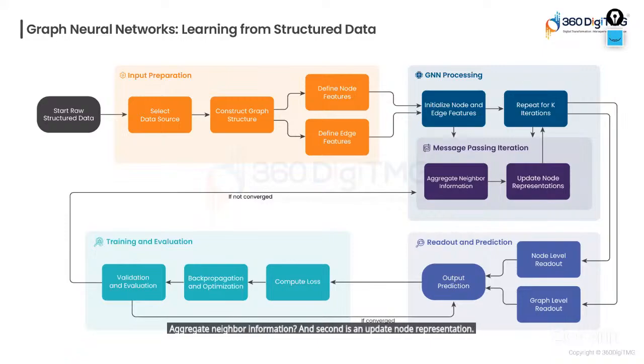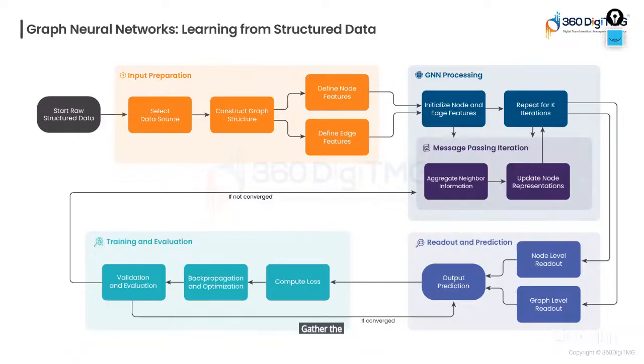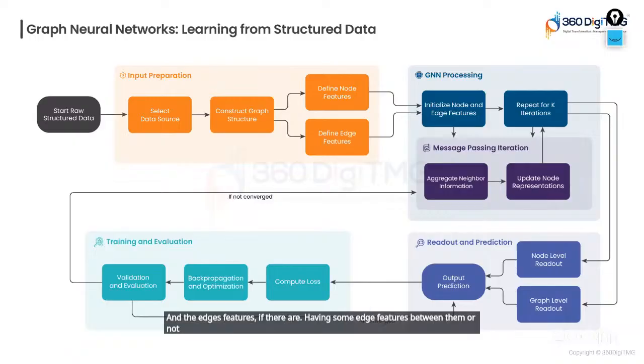So here in the aggregate neighbor information, we will have our nodes, complete nodes. What are the different nodes or what are the different features? Gather the feature vectors of all the adjacent nodes, and the edge features if there are some edge features or relationship between them or not.